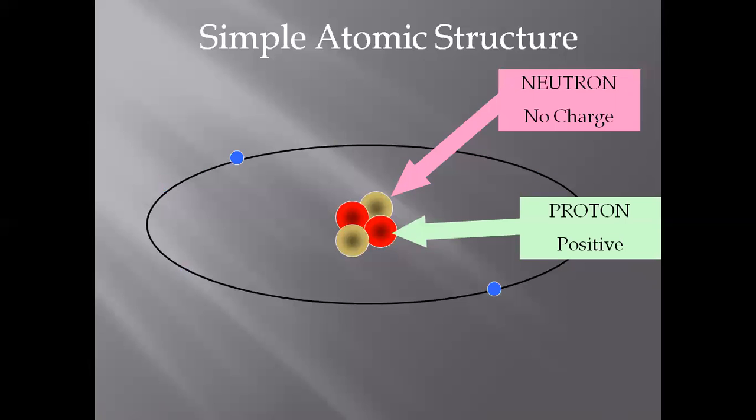The proton has positive charge, the electron has negative charge, but the neutron has no charge.